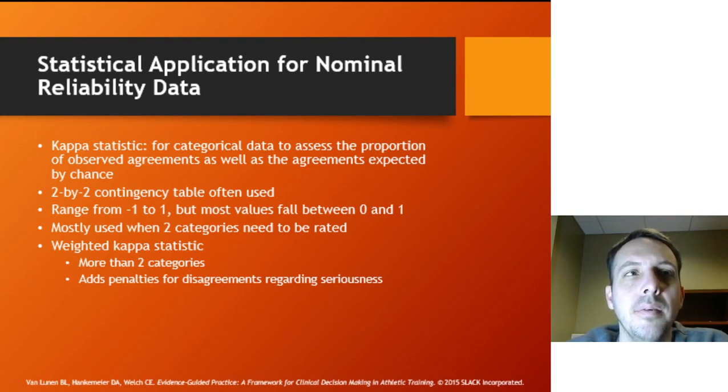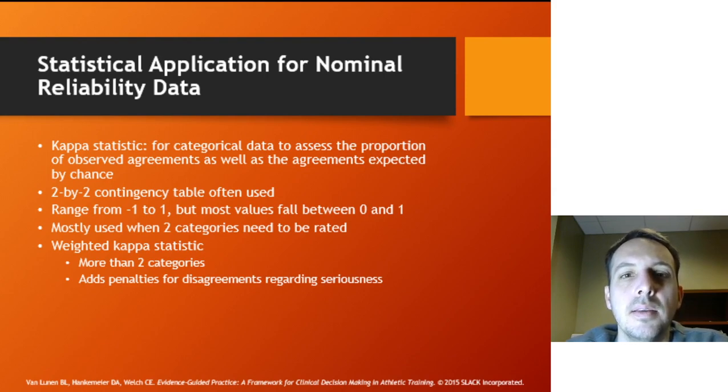You also have a weighted kappa statistic, where in the case previously we had 2 categories, but if we had 3 categories, where we could classify them into normal range of motion, slightly abnormal range of motion, or severely abnormal range of motion, we can continue to look at how well they agree.